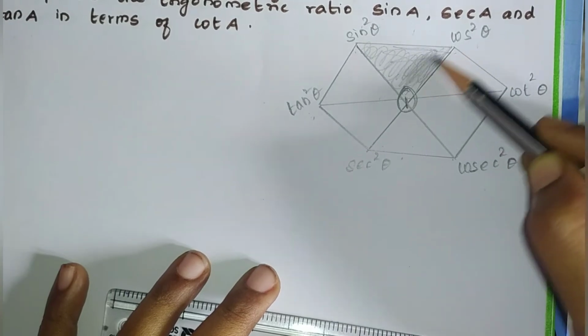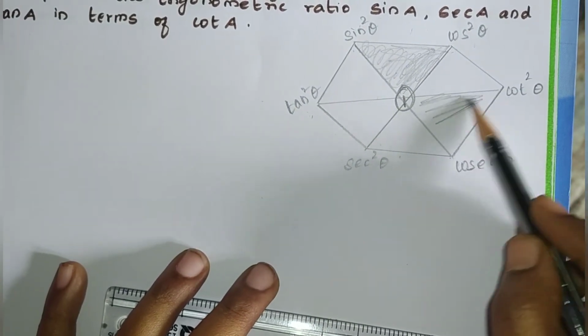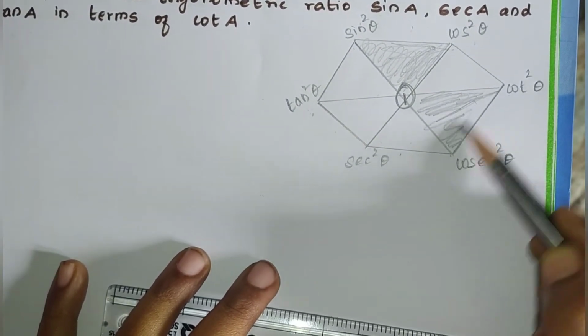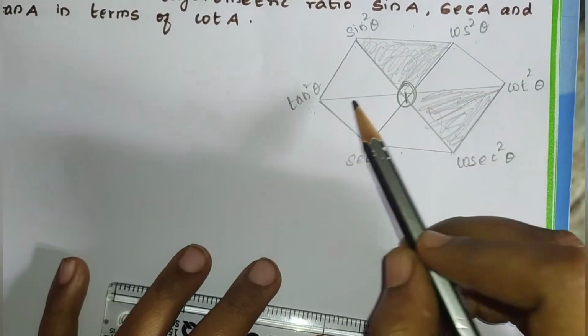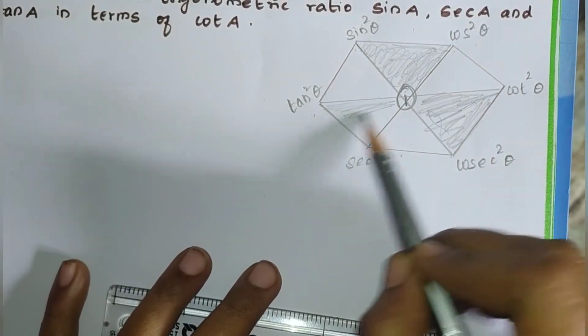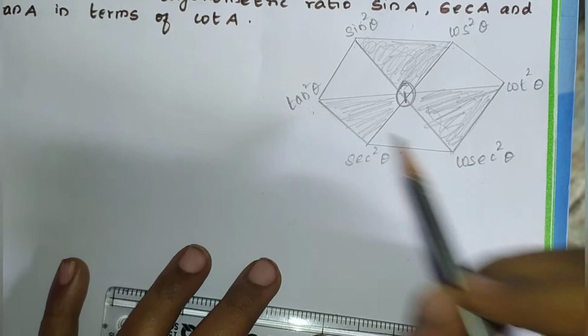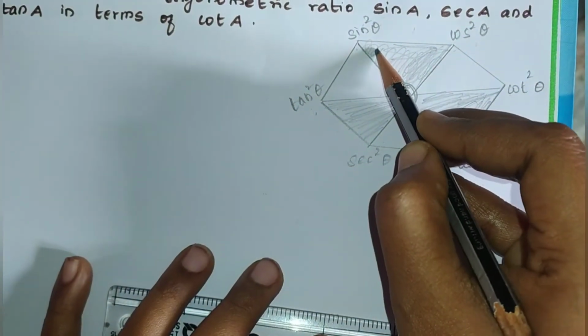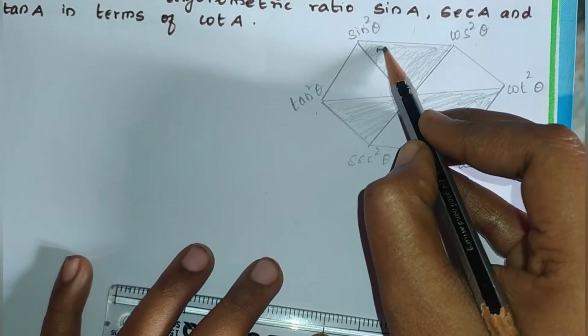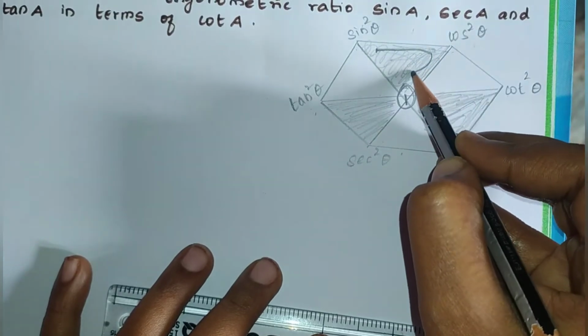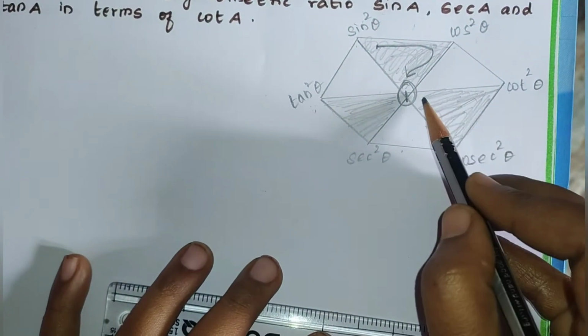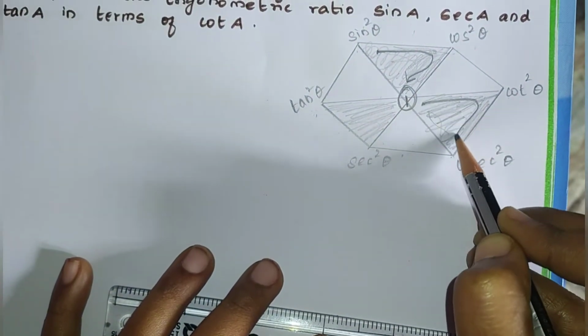and this triangle, and draw the arrow mark like this. It has to start from sin square and go like this, and then the same.